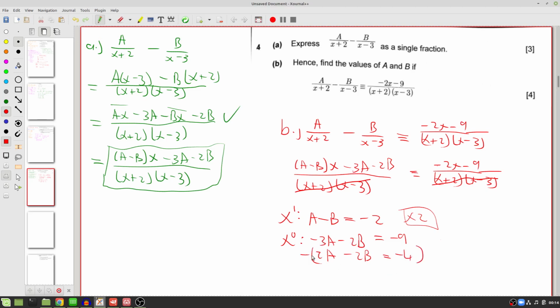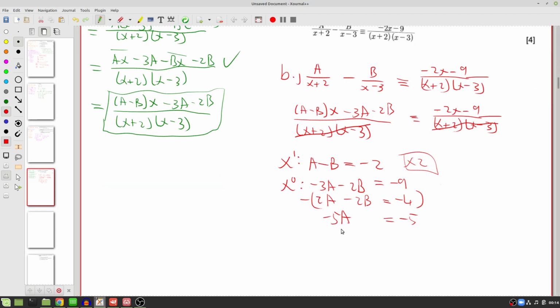We get negative 3a minus 2a is negative 5a. Now negative 2b minus negative 2b is nothing. And then negative 9 minus negative 4 is negative 9 plus 4, which gives us negative 5. And then divide both sides by negative 5, and that gives us a equals 1.